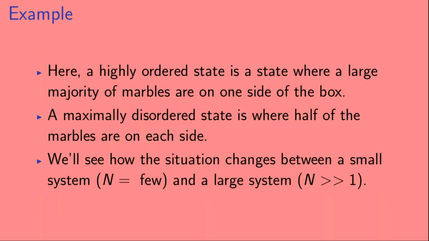Here, a highly ordered state is a state where a large majority of marbles are on one side of the box. A maximally disordered state is where half of the marbles are on each side. We'll see how the situation changes between a small system, where n is equal to a few, and a large system, where n is much greater than 1.